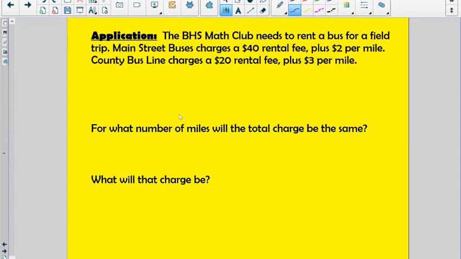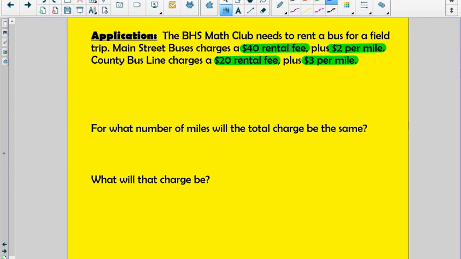So we're going to use this to figure out for what number of miles the total charge will be the same, and what that charge will be. The first thing we want to do is take our information and write a system of equations. One part of the equation is the rental fee. The other part is the charge per mile.